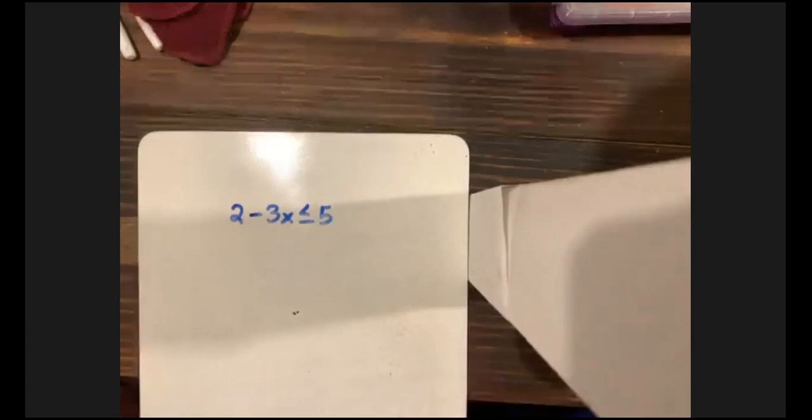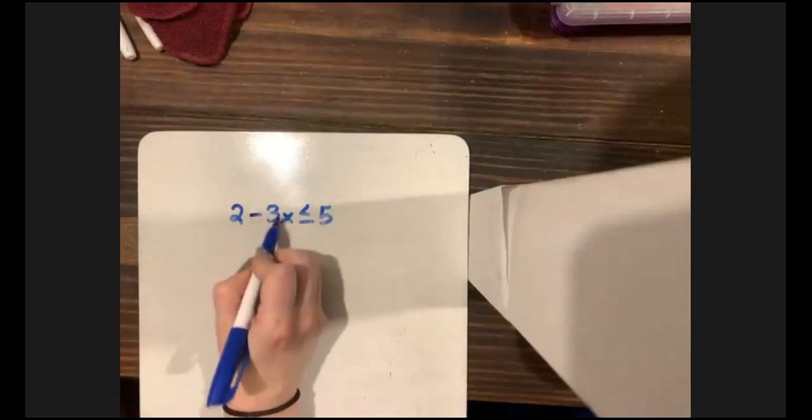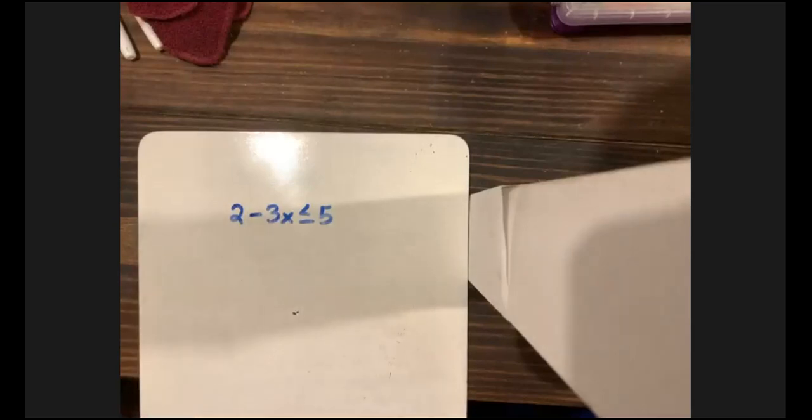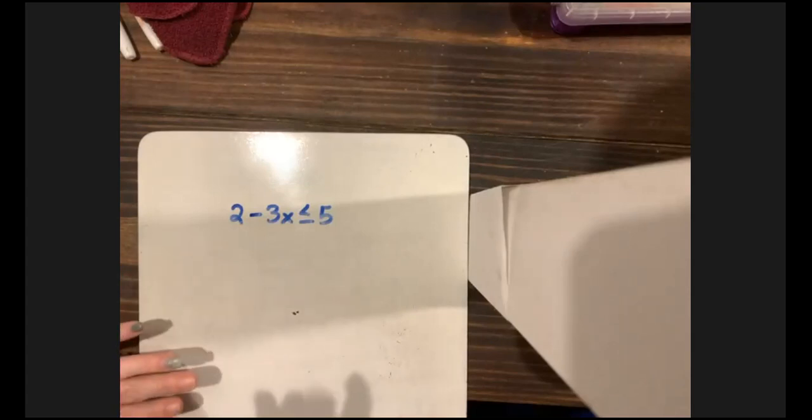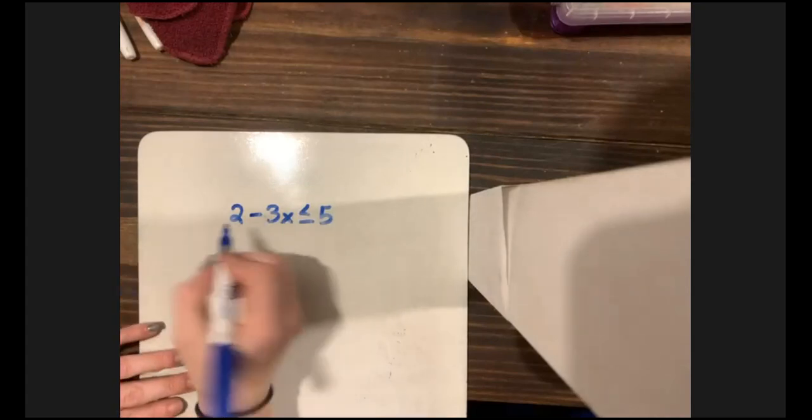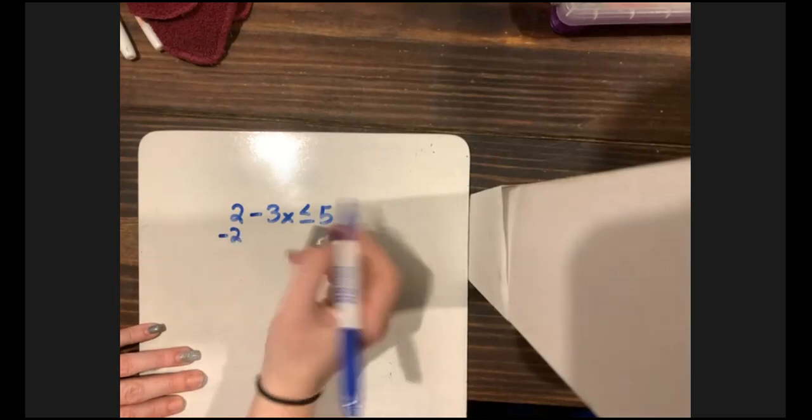That's where they're traditionally used to seeing them, so they end up with something like x is less than or equal to, greater than or equal to. If that is your scenario, then you will have to worry about dividing by this -3. Other students don't want to have to remember that rule, so they opt to just move the letters to where they're going to be positive. Now, I'm going to do it with the traditional letters on the left, just to show you what that rule is going to do.